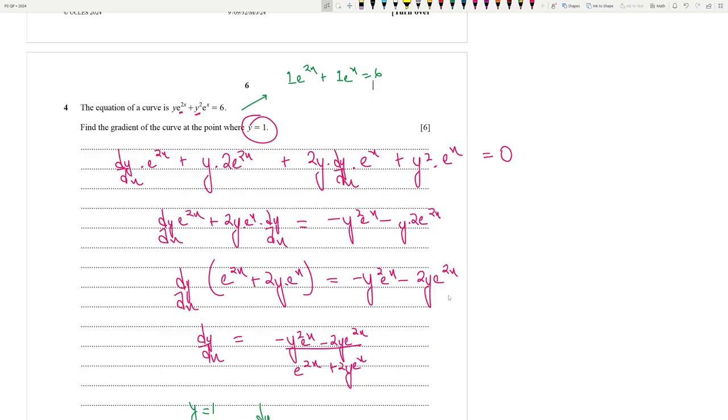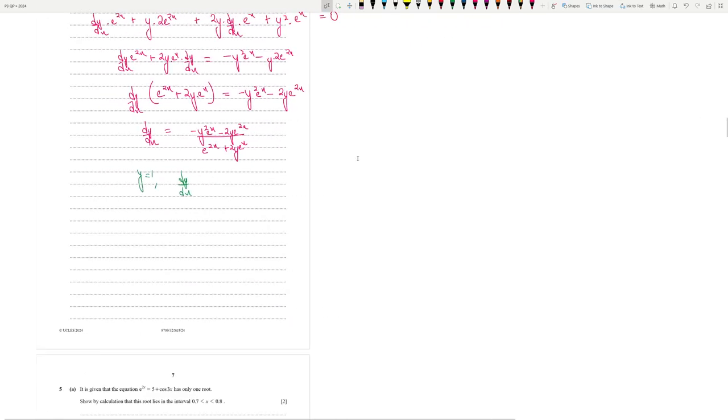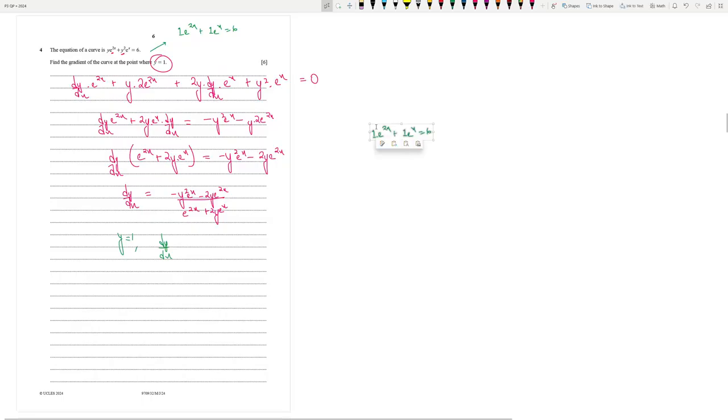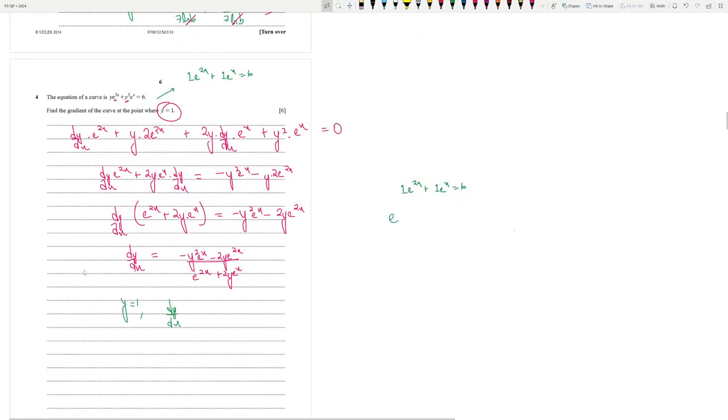So we have to form a quadratic equation actually. Let's just solve this over here. Solve this on the side. So e to the power twice x plus e to the power x minus 6 equals to 0.